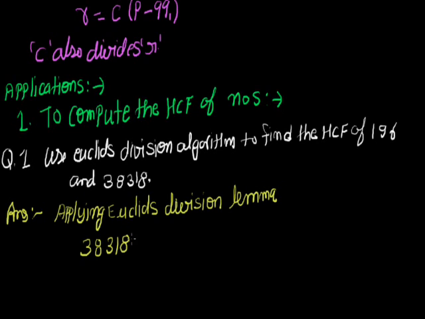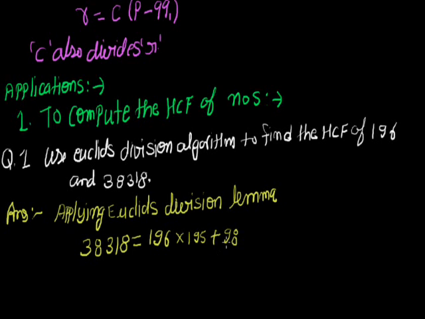So we can write 38,318 divided by 196. When this number is divided by 196, we get the quotient 195, so 196 into 195, and the remainder comes out to be 98.